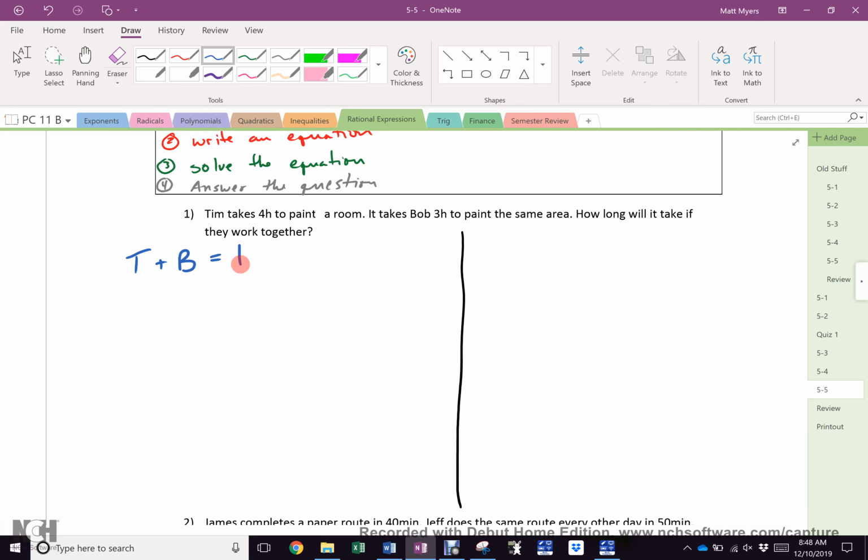What don't we know is a better question. We don't know the time they're going to take to do this job, yes? So what is our variable? Really, time is the thing we do not know. Time, and that's going to equal little t, yeah? Does everyone agree?